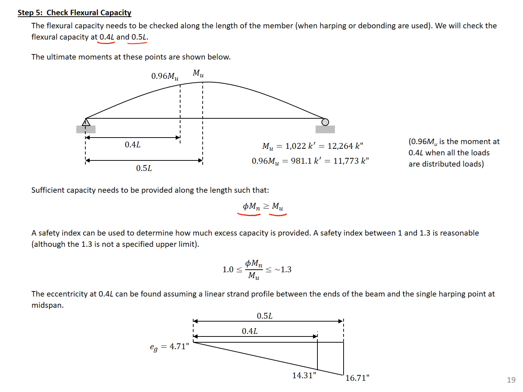For our section, we have harped strands, so we need to figure out the location of our strands along the length. We're assuming that we have a linear profile along the length, so we can use this linear profile to determine our strand eccentricity at 40% length.